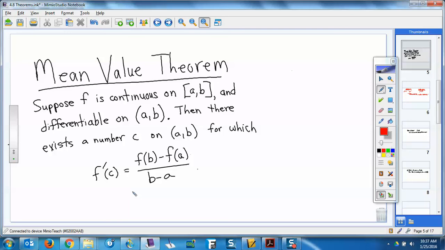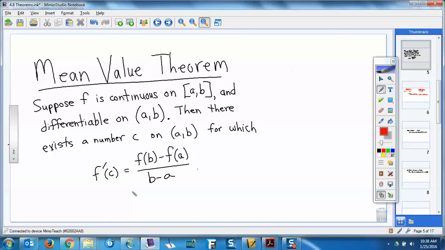But for the theorem to work, the function only needs to be differentiable between a and b. In other words, the derivative has to be smooth everywhere in between. At the endpoint, it could be smooth or not be smooth. I mean, we might get a sharp point at the endpoint, and we wouldn't care about that. Okay, that's why these two are said differently here.